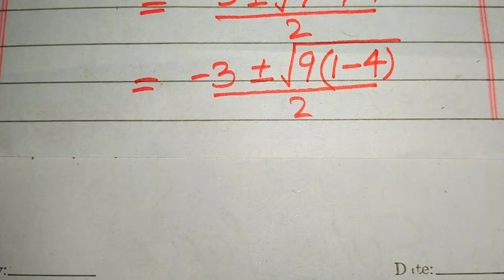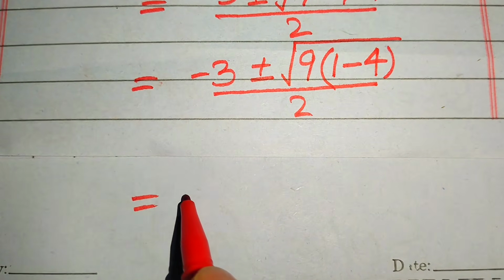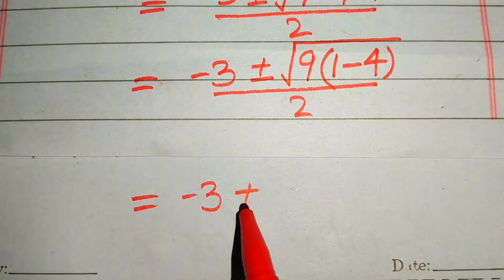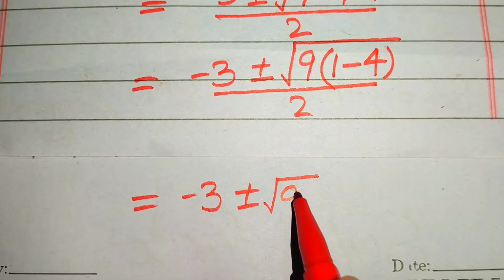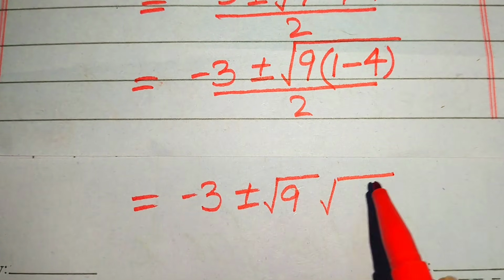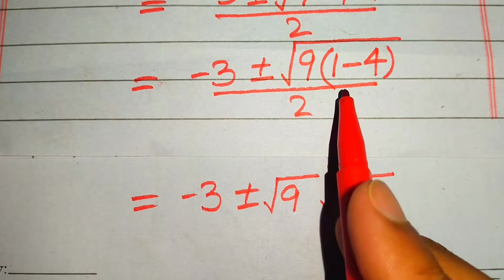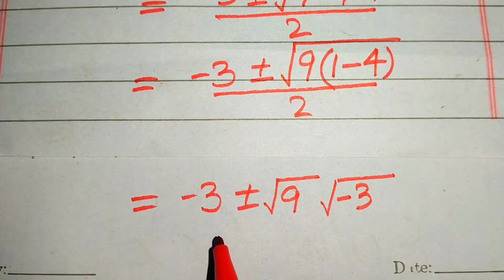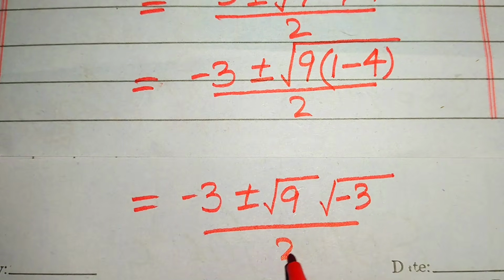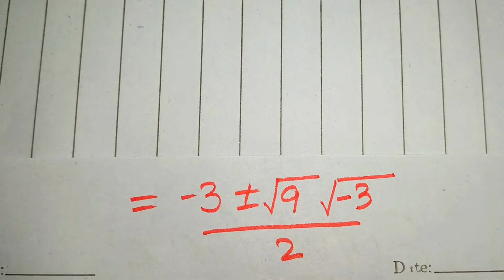Then we break the square root sign and write the square root on both values, and we get minus 3 plus minus square root of 9 times square root of 1 minus 4, and 1 minus 4 becomes minus 3, divided by 2.